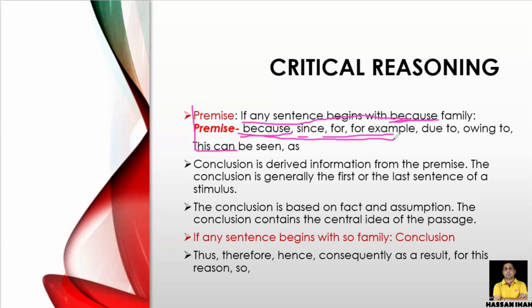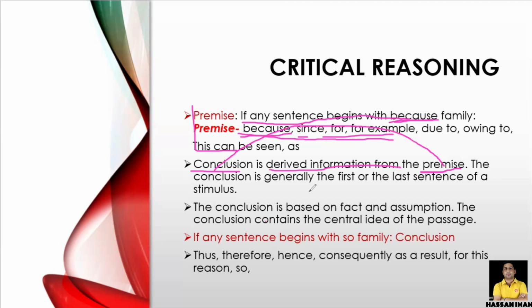And generally, moving further, conclusion is the information derived from the premise. So there is a link between conclusion and premise. Conclusion is dependent on premise, and between this line, there is the author's assumption, which is called assumption itself.